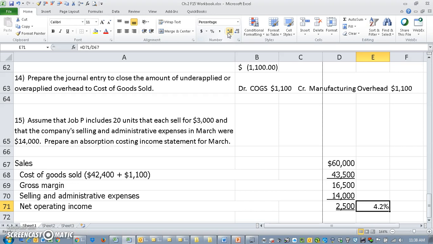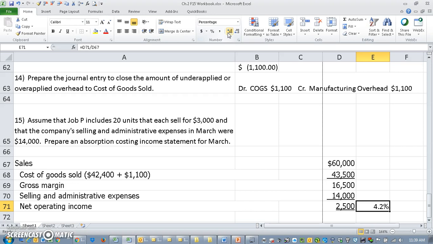The reason why I don't know, and I'm not trying to skirt the question, is you really have to compare this to other jobs that the company has done. If the other jobs are able to generate a 10% net operating income, then this job is lower in profitability. If all the other jobs bring in about 4% net operating income, then it's actually pretty good.